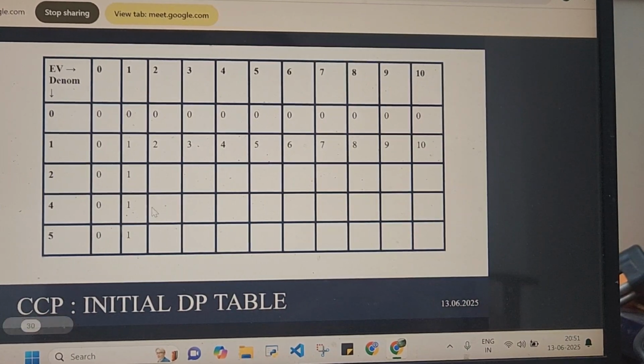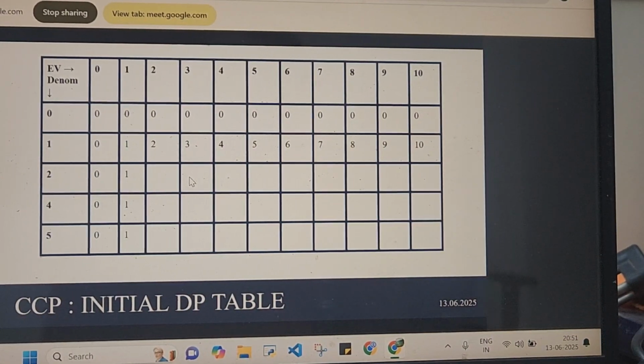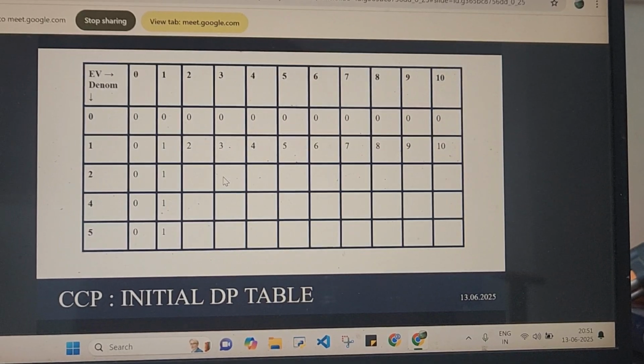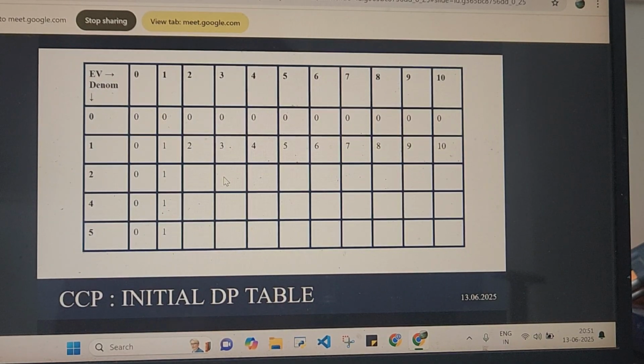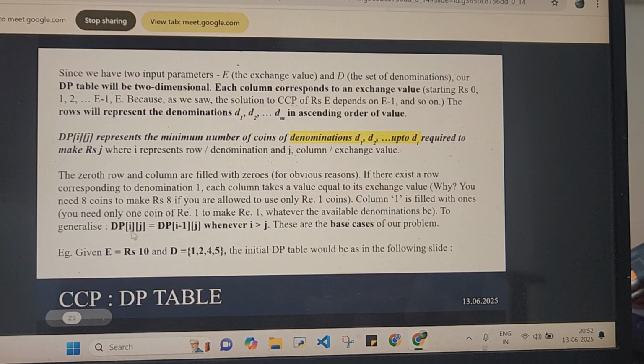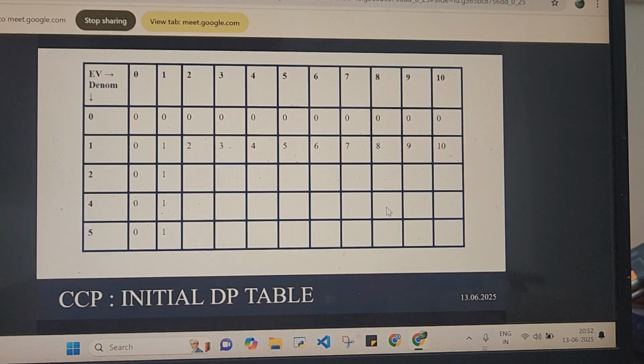So what I'll do is, I'll look at this value here, which is the minimum number of coins required to make rupees 3 using 1 and 2 alone, and I will just copy that value and paste it here, which is what this formula here says. dp of I of j is dp of I minus 1 of j, the previous row, the same column, whenever I denomination is greater than exchange value. These are the base cases, and this is how we set up the dp table.